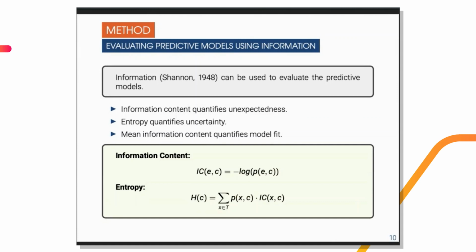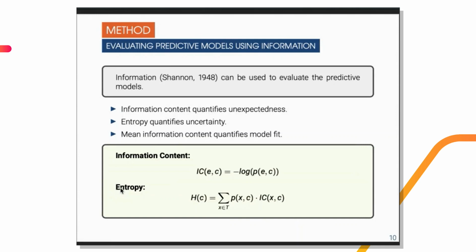Another important concept from information theory is also entropy. So entropy can be thought of as a measure of uncertainty about what will come next in a given sequence. So specifically, it's the expected information content of the next symbol. And it's defined as the sum over all known elements of the information content of that symbol multiplied by its probability.